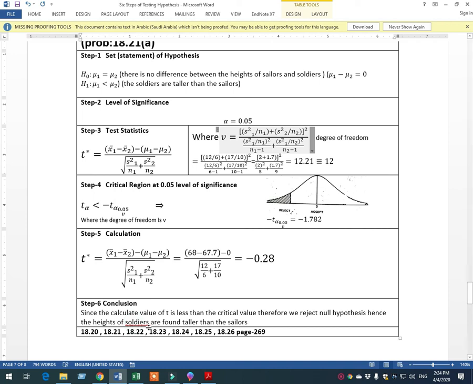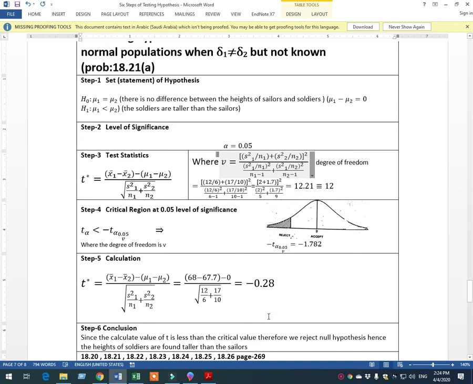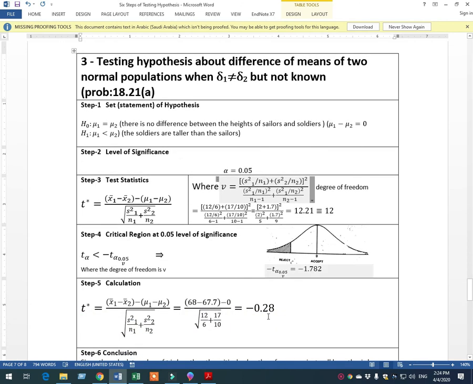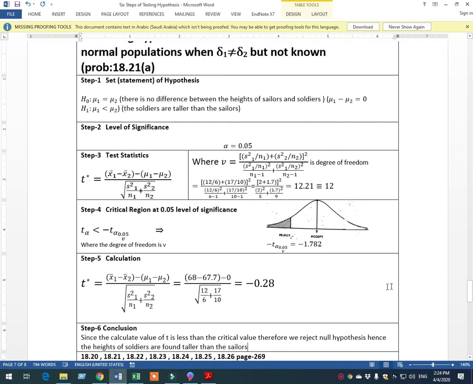So this is actually our conclusion. This is how you can check the difference between the two populations when the population variances are not the same. You can check the whole thing.